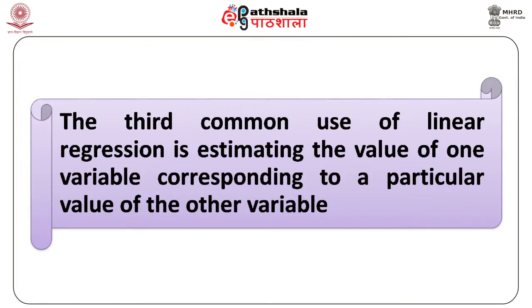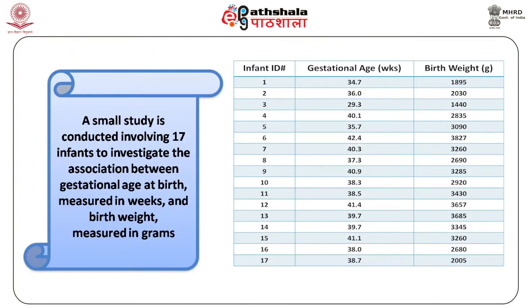The third common use of linear regression is estimating the value of one variable corresponding to a particular value of the other variable. For example, a small study is conducted involving 17 infants to investigate the association between gestational age at birth, measured in weeks, and birth weight, measured in grams, which is shown in this table.